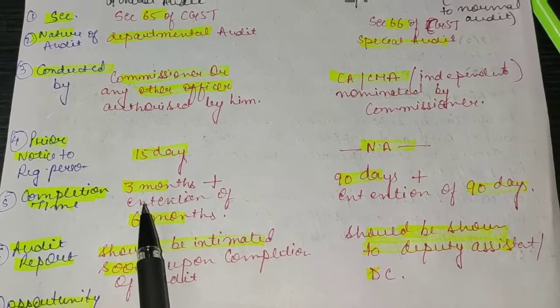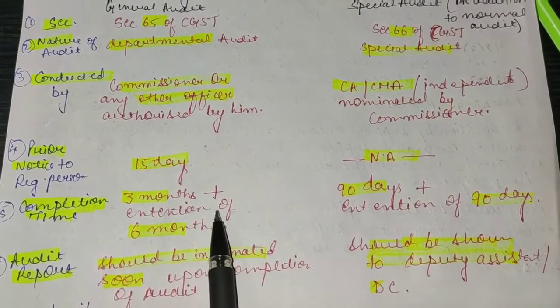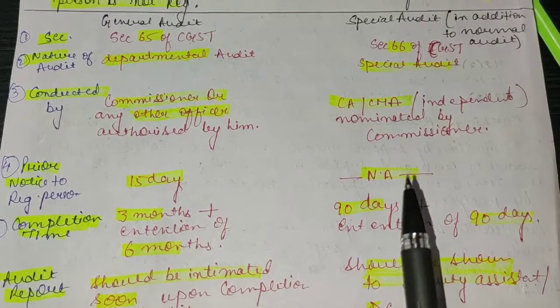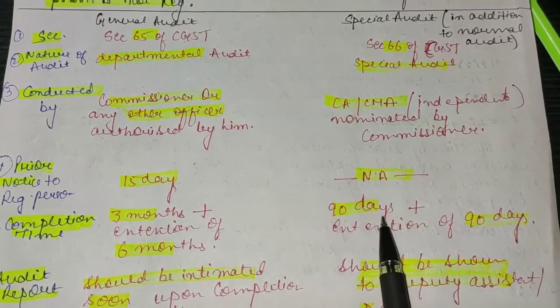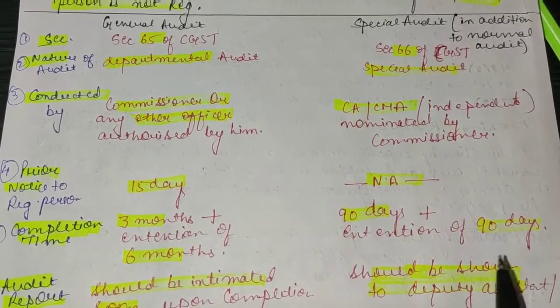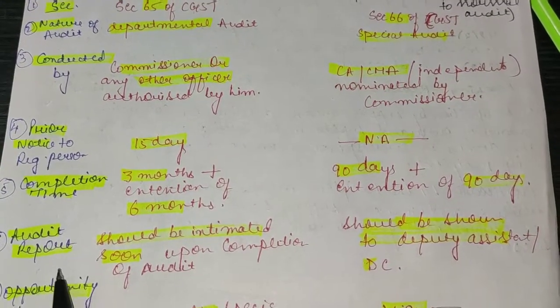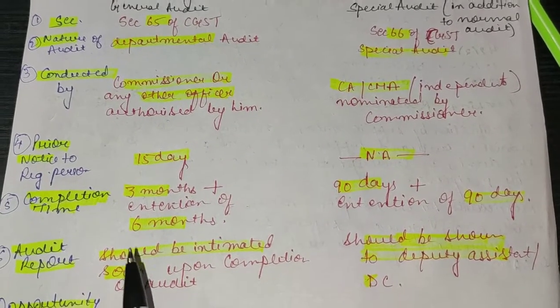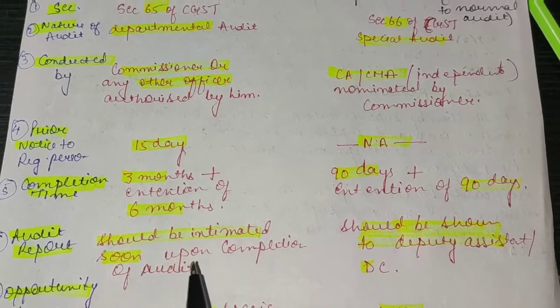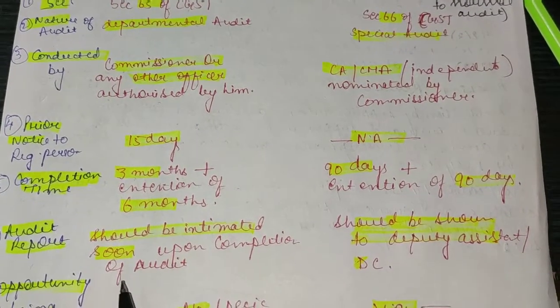Then completion time. So in general audit 3 months time is there, and plus extension of 6 months can be granted. And in case of special audit 90 days time limit is there, and extension of another 90 days can also be granted. Now audit report. In case of general audit, the report should be intimated as soon as possible upon the completion of audit.